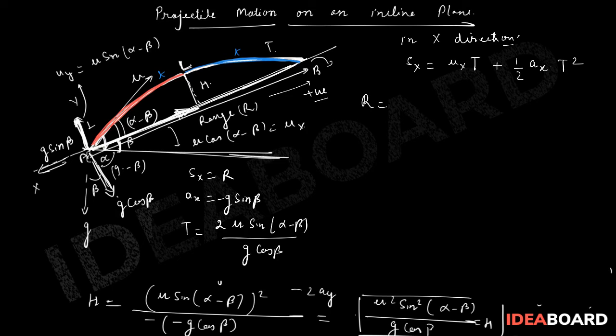So r is going to be ux, so ux is u cos(alpha minus beta) into t.